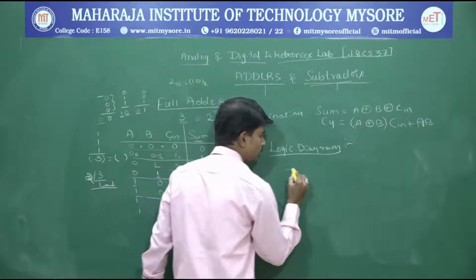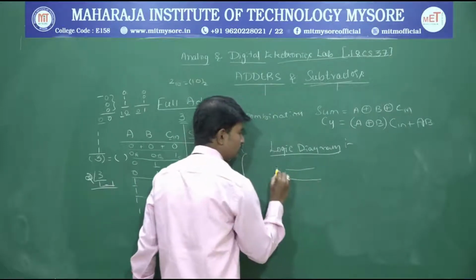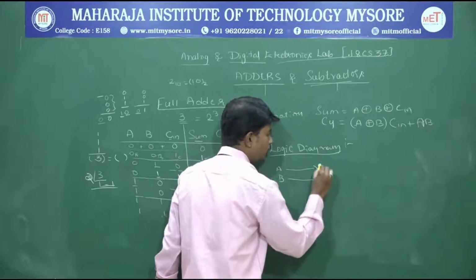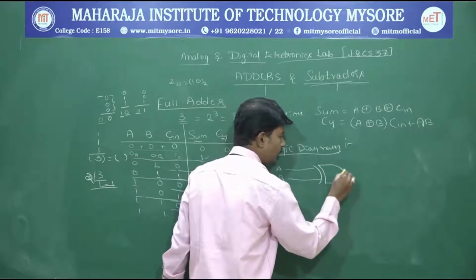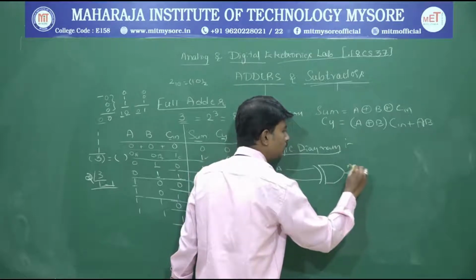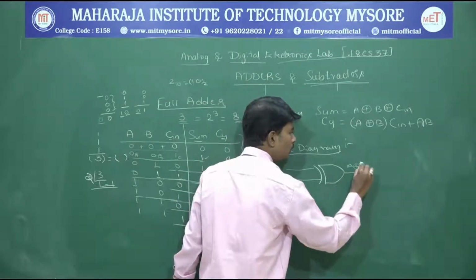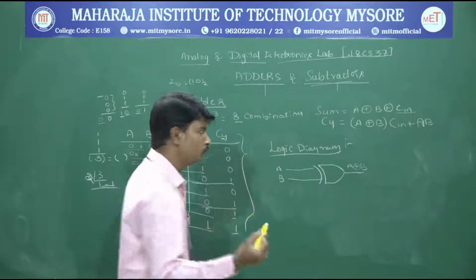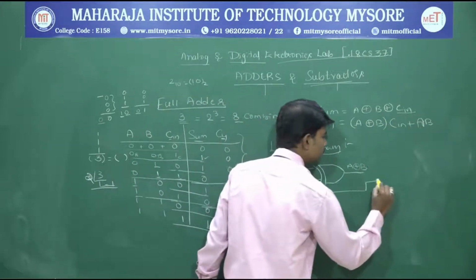For sum, I know that first I have to do an XOR operation between two variables A and B, which will end up with A XOR B. But I have one more variable, so again I have to do an XOR operation.